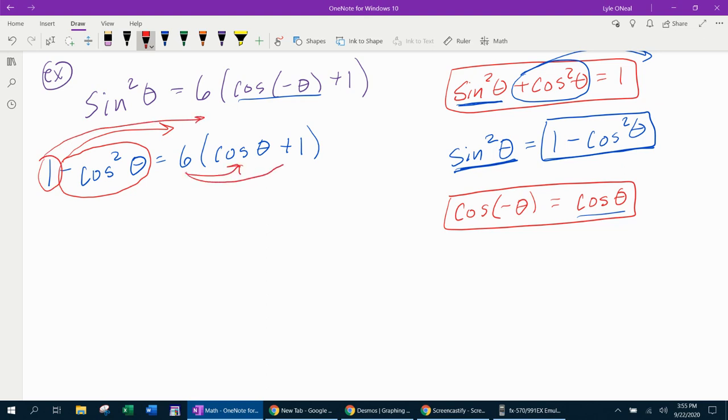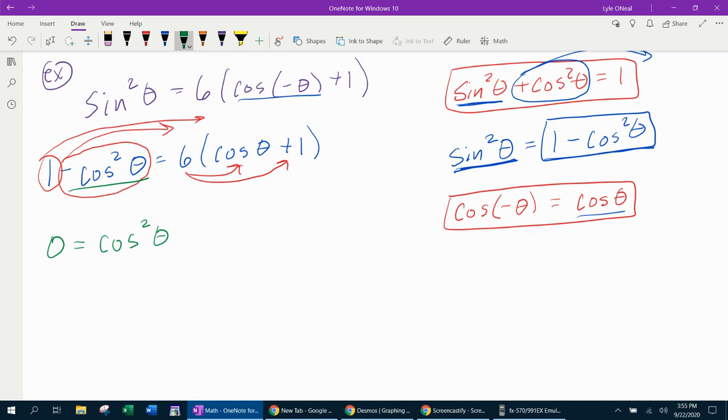And at the same time, we're going to distribute that 6 to get rid of the parentheses. A lot of stuff going on in this step here, okay? All to get the left-hand side 0. So if I bring the negative cosine squared over, that negative will become positive.